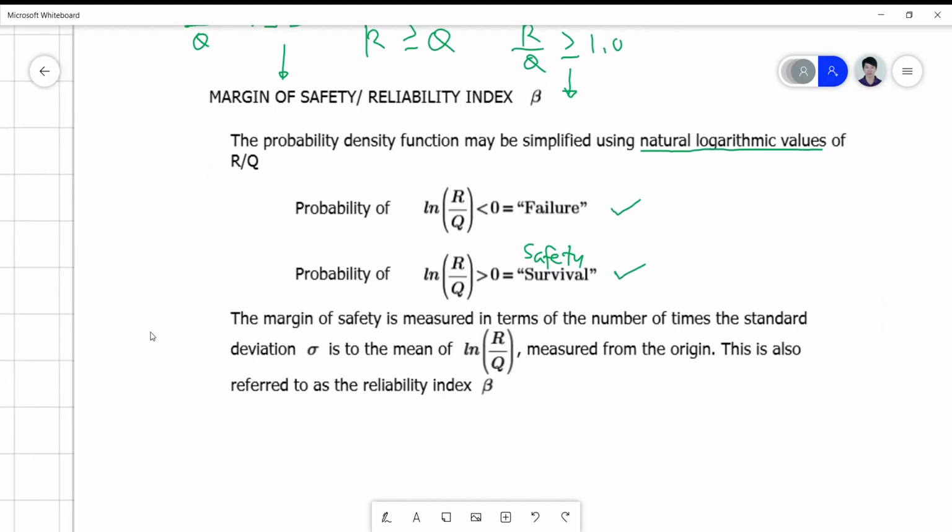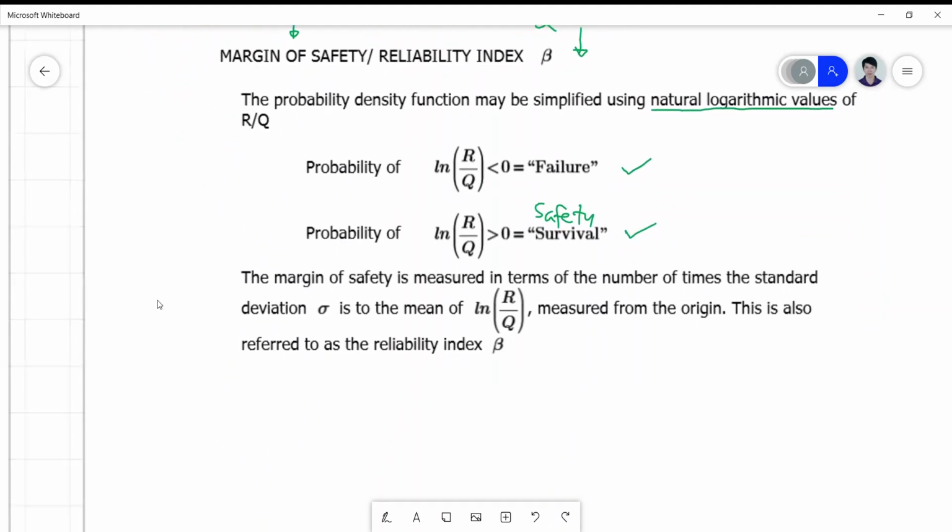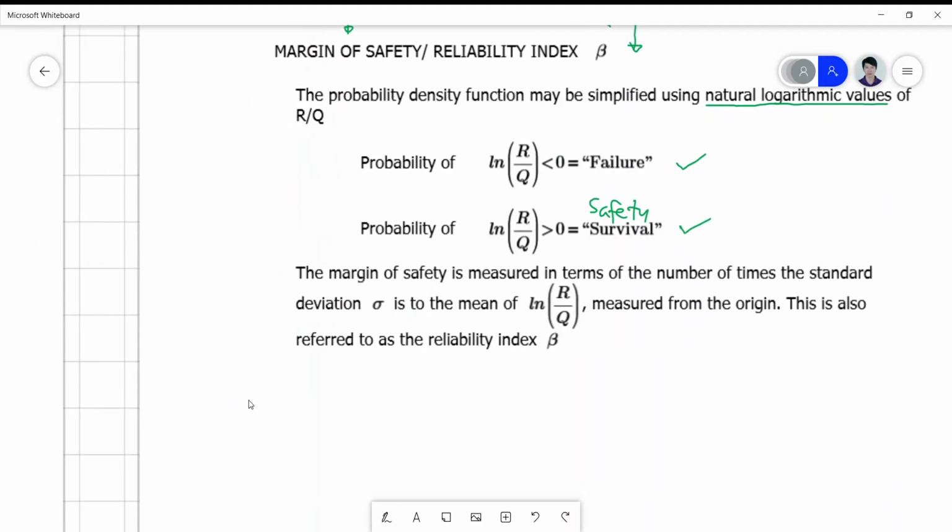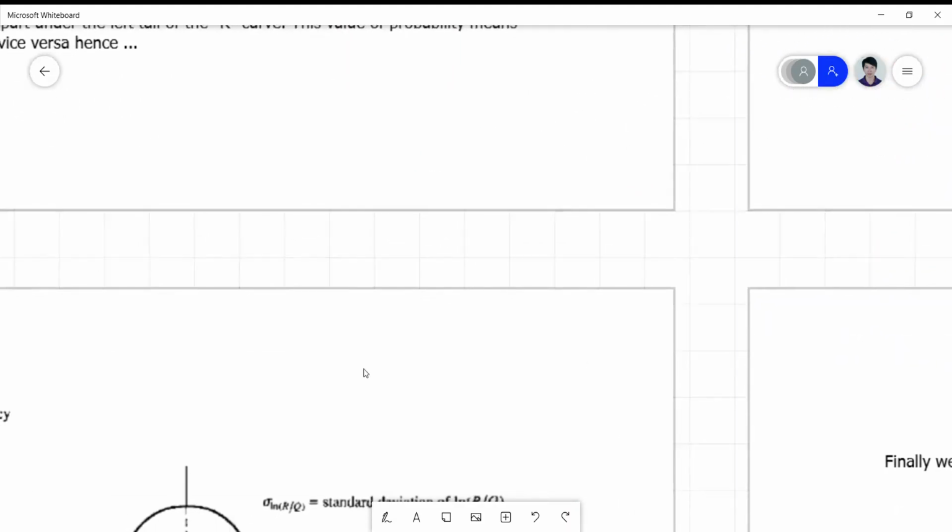So the margin of safety is then measured in terms of the number of times the standard deviation sigma is to the mean of the natural logarithm of R over Q measured from the origin, and this is also referred to as the reliability index beta. So what is the reliability index beta?